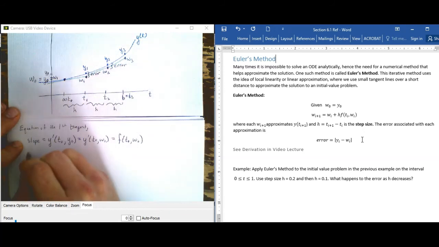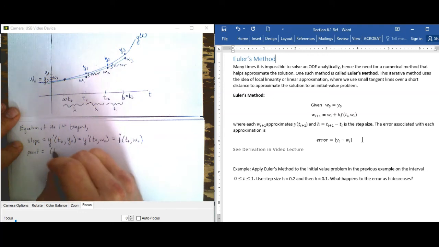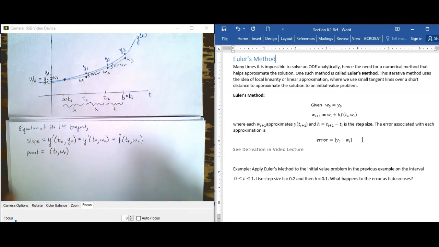We know the point on the line is t naught, w naught. Okay.